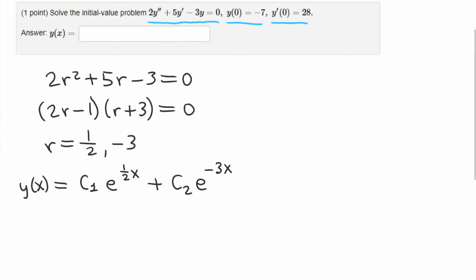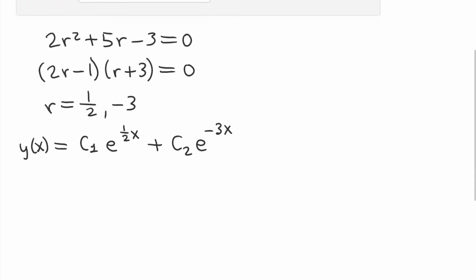So because y of 0 is -7, when we plug in x equals 0, this is just going to become 1, and this is going to become 1. And so in other words, we're going to get c1 plus c2 on the left as y of 0, and that should be equal to -7.